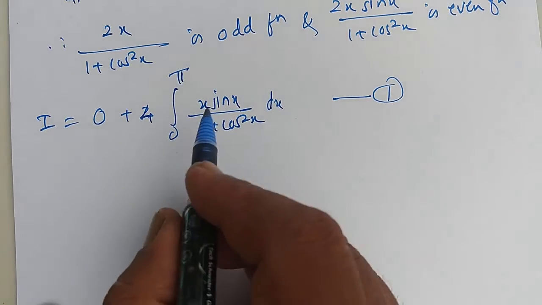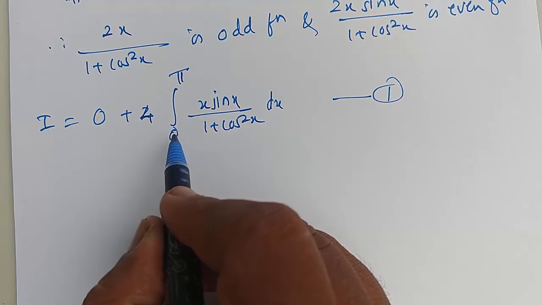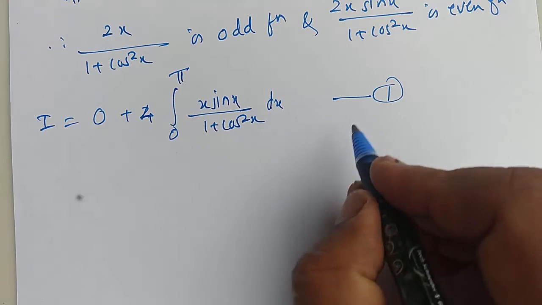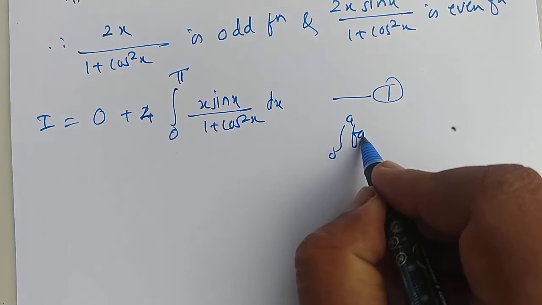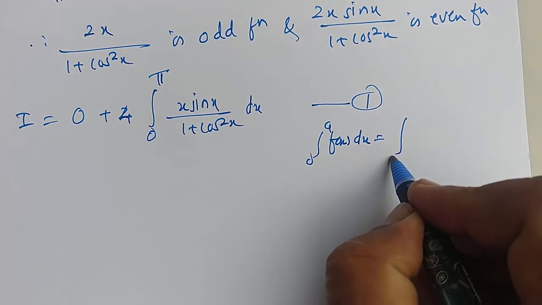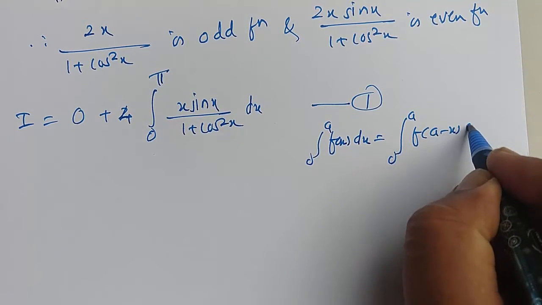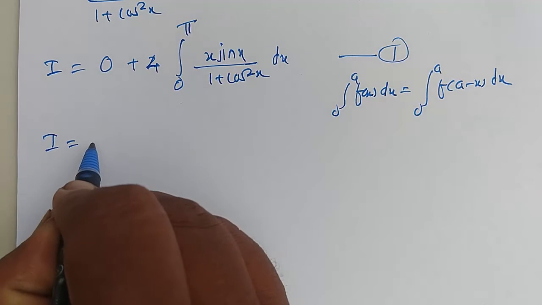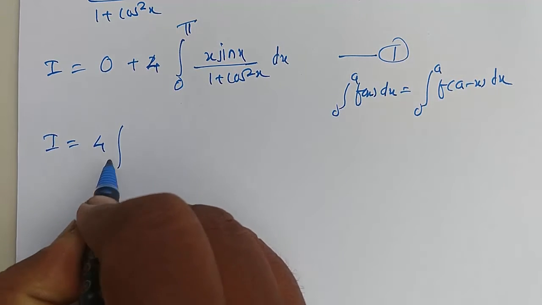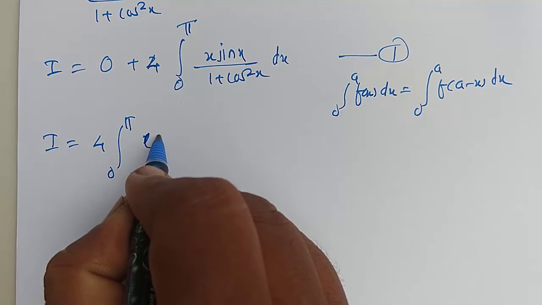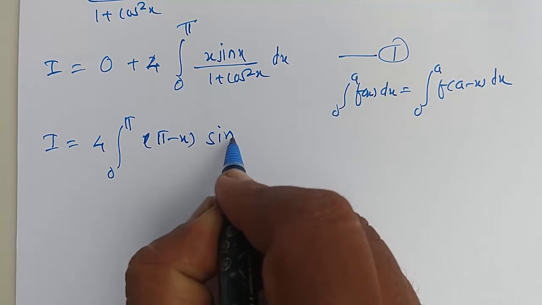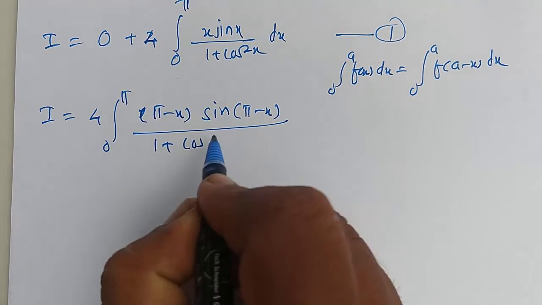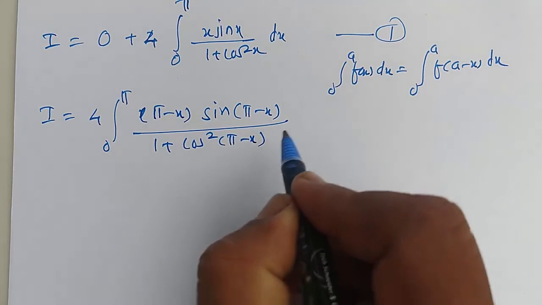Now again we use property number 4. What is property number 4? Property number 4 is integration 0 to a of f of x dx is equal to integration 0 to a of f of (a minus x) dx, because there is a factor x. Using this, I is equal to 4 times integration 0 to pi of (pi minus x) sin (pi minus x) upon (1 plus cos square (pi minus x)) dx.